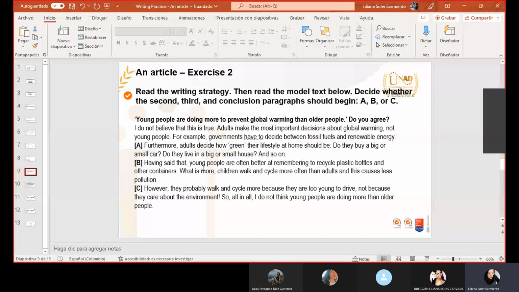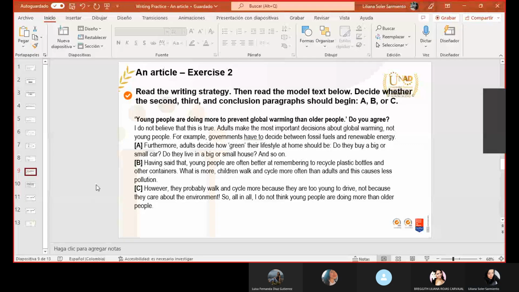Continue the correct order. The second paragraph: young people are better at remembering to recycle plastic and other containers.